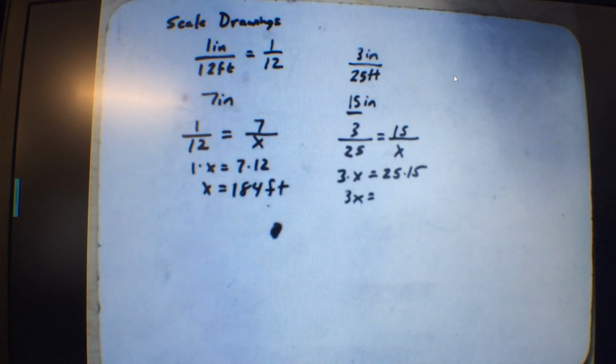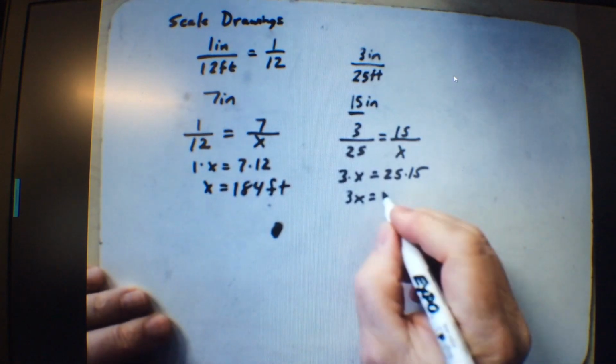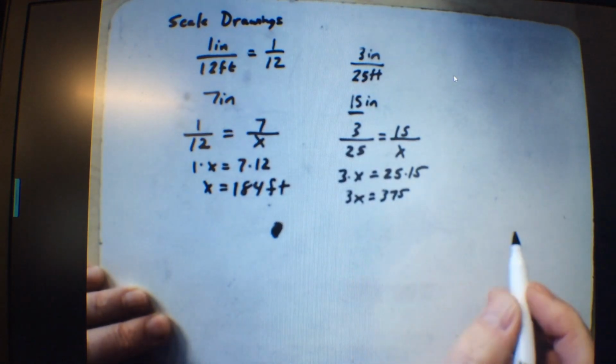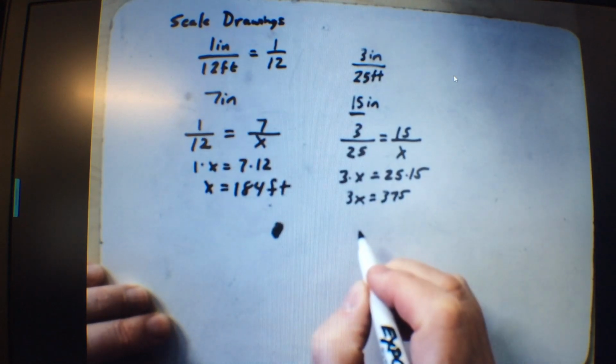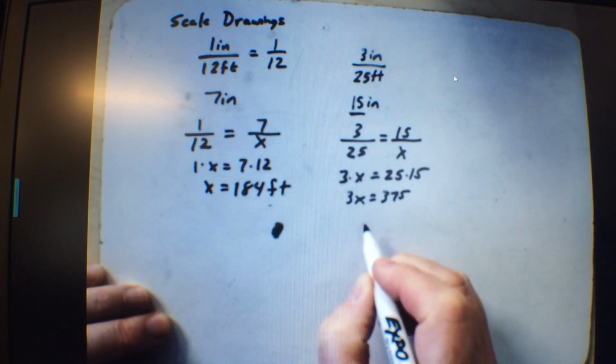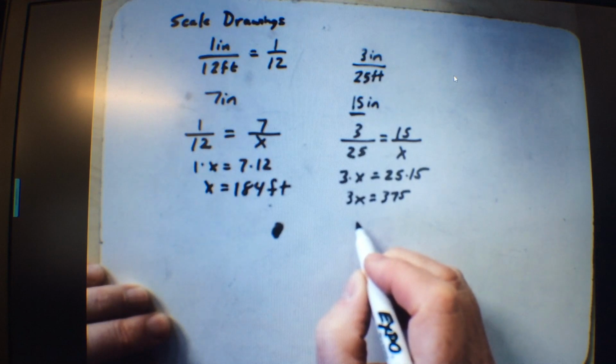I'm allowing you to use calculators, so if you pop out a calculator. 375. 375? Yeah. Correct. Alright, now what do I do? 375 equals 3x.